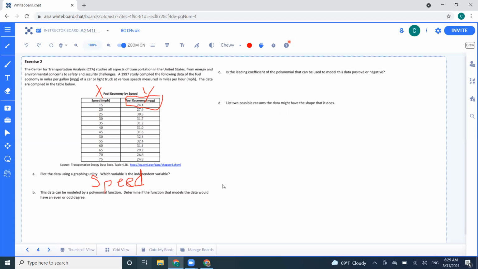Okay, so what we're going to have to do is on your calculator, you need to be able to plug in these points, these data, and make a graph. I'm going to pause the recording for a second and let y'all work on that.